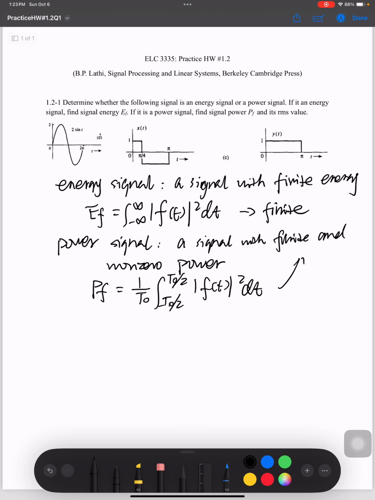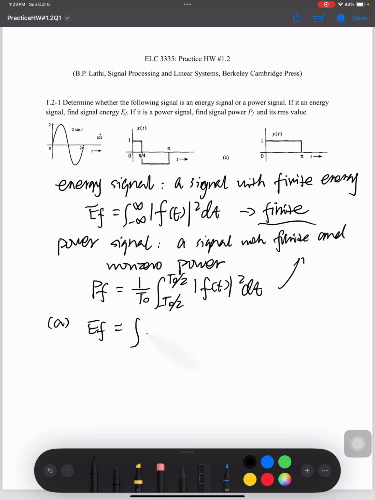Let's look at these three questions. For A, obviously it's not periodic, and we can see this integral is finite. So we just need to calculate EF.